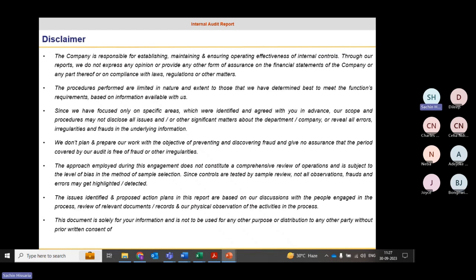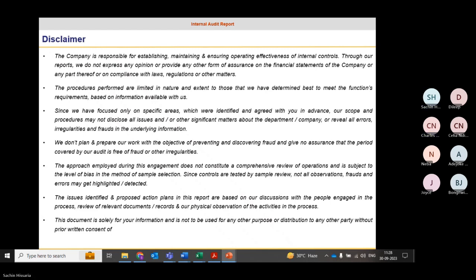Since we have focused only on the specific areas which were identified and agreed with you in advance, our scope and procedures may not disclose all the issues and significant matters about the department or company, or reveal all the errors, irregularities, and frauds in the underlying information.